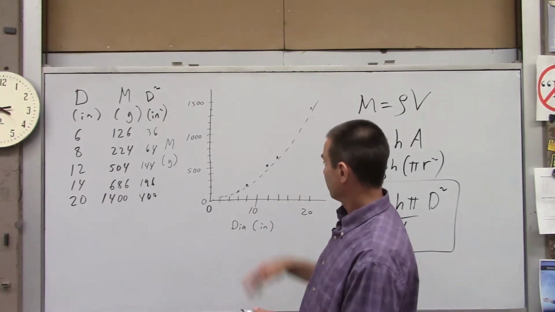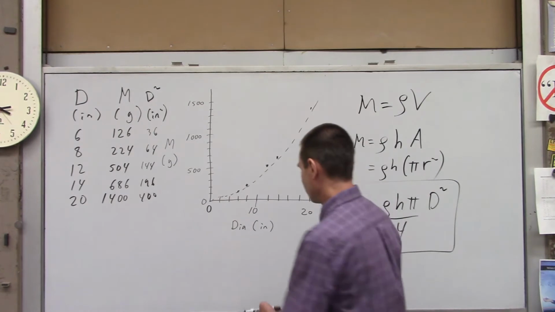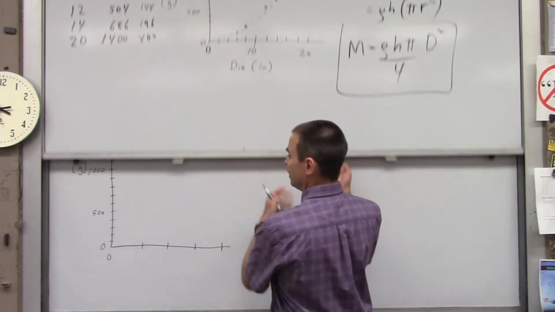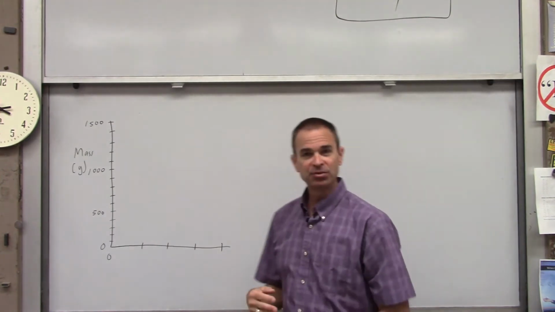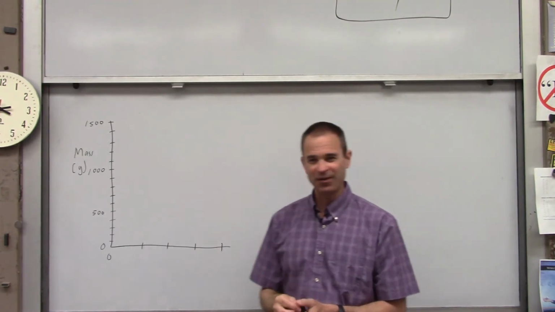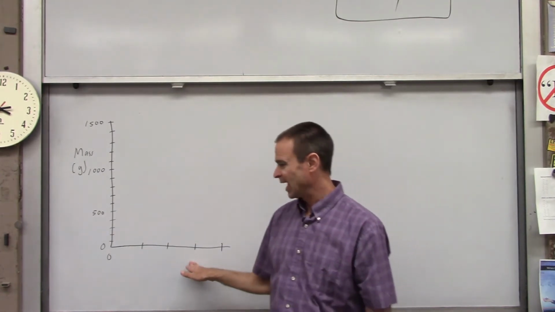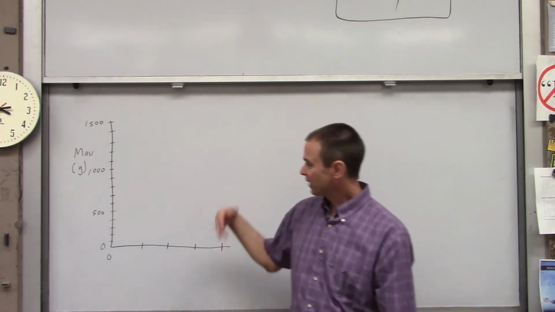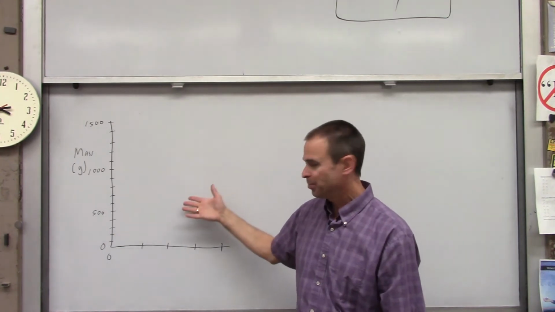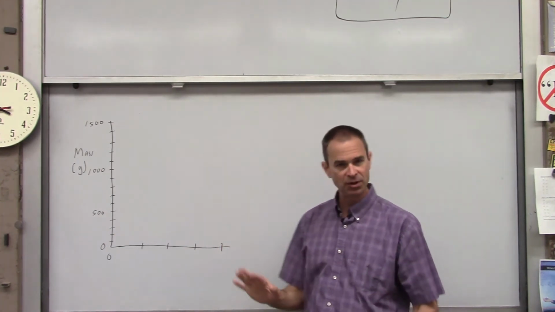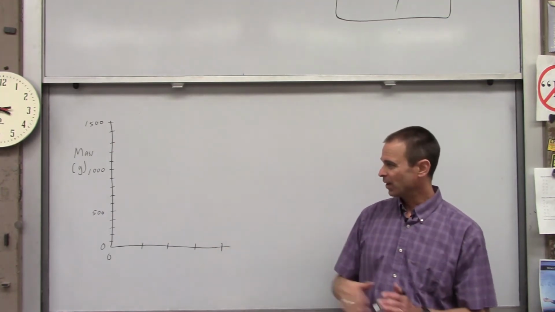Now, we're going to make a new graph, and we're going to graph mass versus diameter squared. You might want to pause the video for a second. I've already kind of started that graph out. We got mass on the y-axis, and we're going to put diameter squared down here. You can either copy this graph down, or you can use grid paper, or if you just want to watch and get a flavor for it, that's fine too. I'll pause the video for a sec if you want to go ahead and copy that.